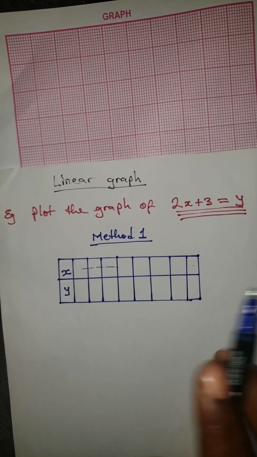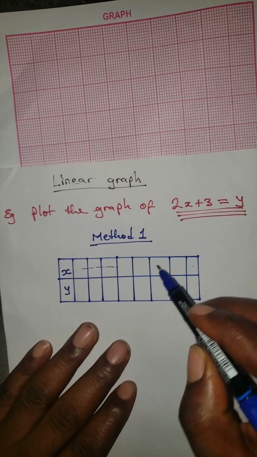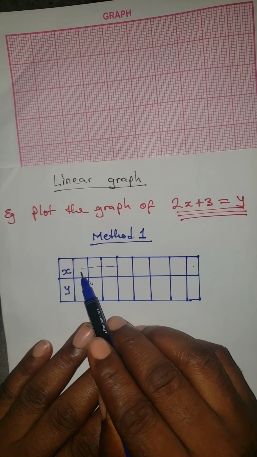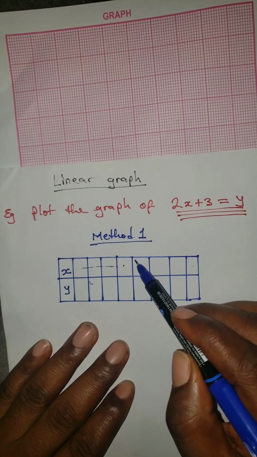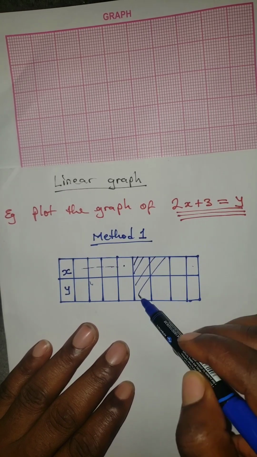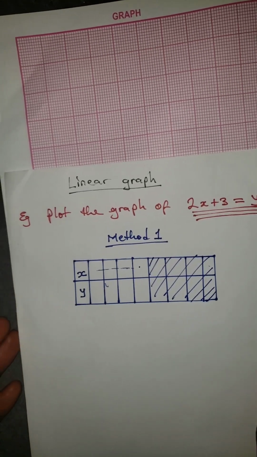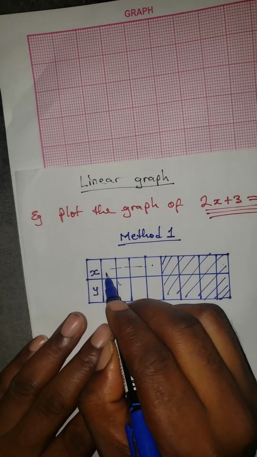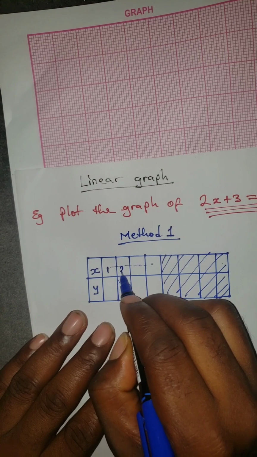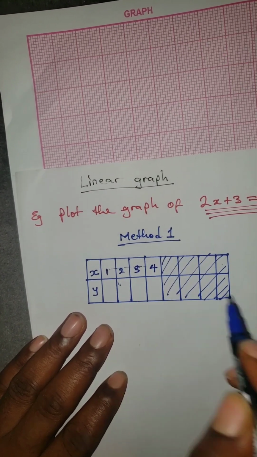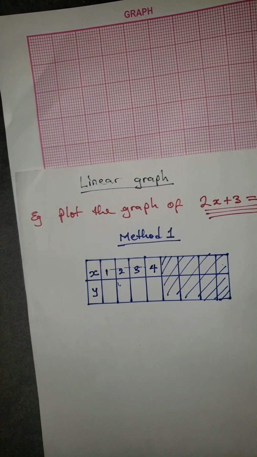Okay, so for this case, let's reduce this to one, two, three, four. So let me cancel out these ones. Let's see how we are going to get our answer. So I might take it at one, two, three, and four. Like I said, it's a straight line graph.